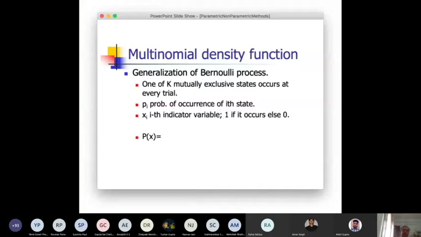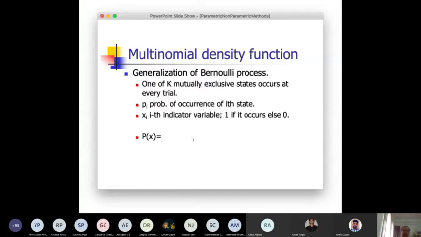Xi is an indicator variable. That means it can contain 1 or 0, but the constraint is that for any particular observation, you have so many xi values, but you will get only one of them as 1, and the rest of them will be 0.